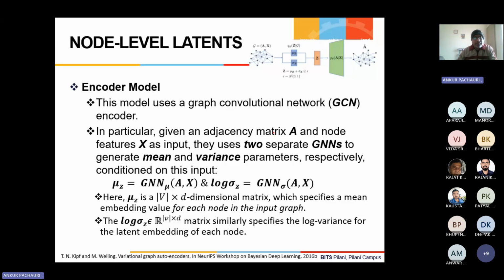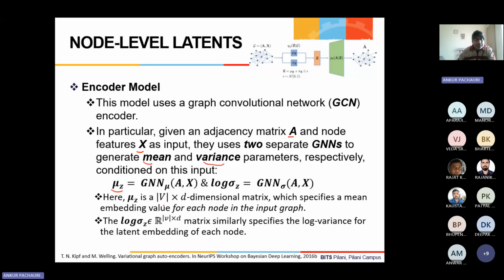In particular, you are given the adjacency matrix A and the node features X, and they use two separate GNNs, two separate graph neural networks, to generate the mean and variance parameters respectively, conditioned on A and X. So mu z will be the mean of that distribution, GNN mu of A and X, and for the variance, the log standard deviation, log sigma z, will be based on A and X.